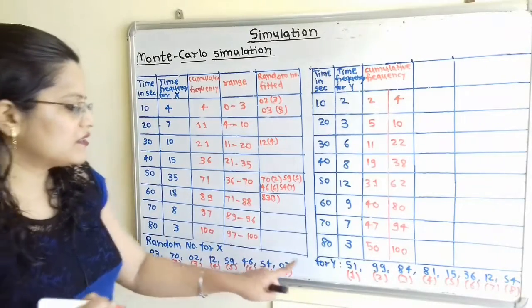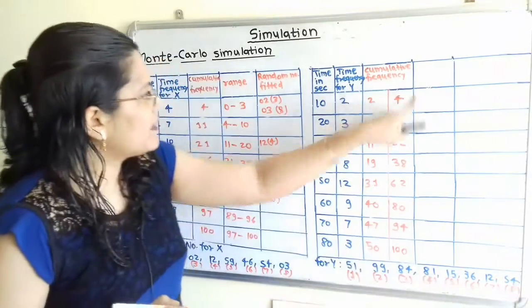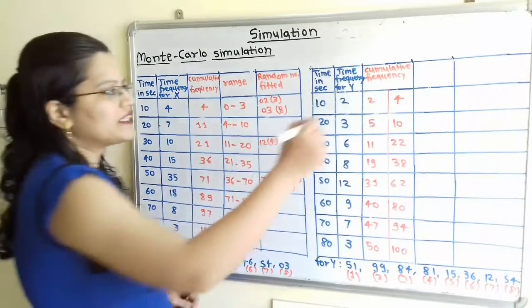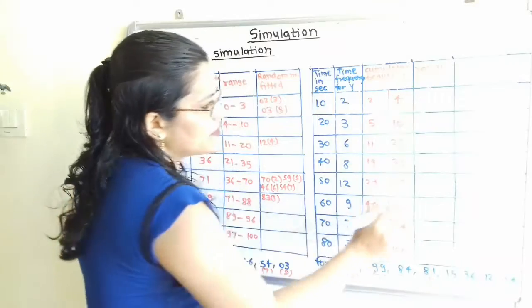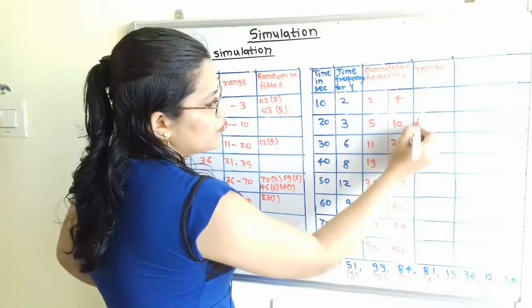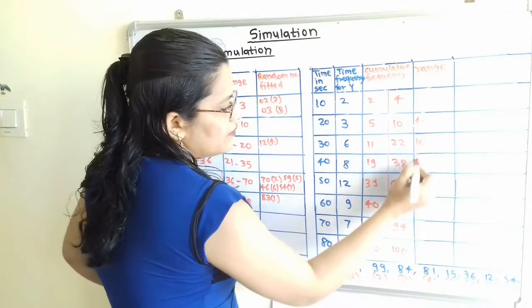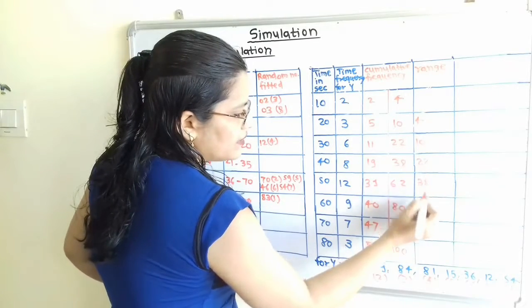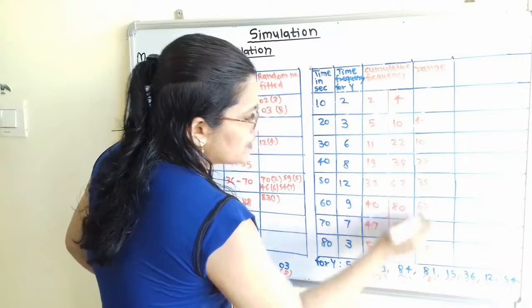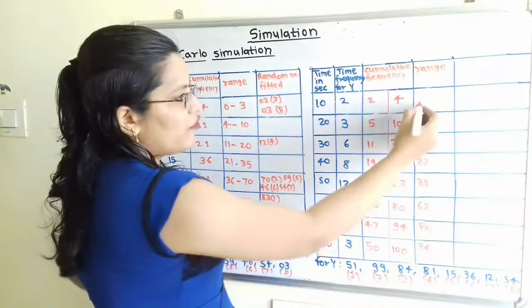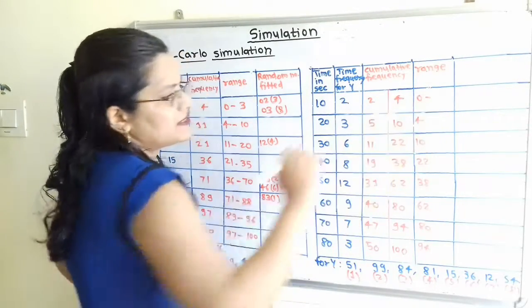Now next we will take here the range. So how to decide the range? Now we will refer to this. So we have to write here 4, then 10, then 22, then 38, 62, 80 and 94. So these are the initial numbers, and for the first row we have to take the initial as 0.